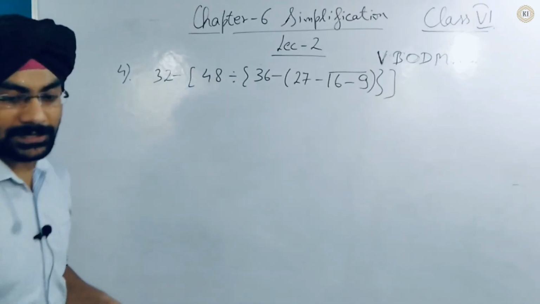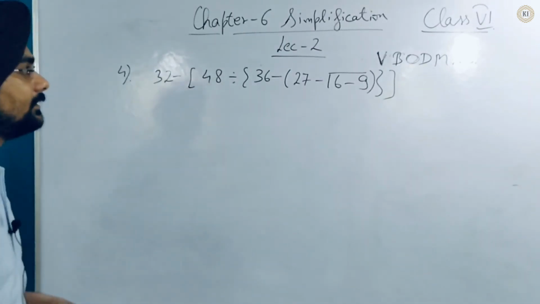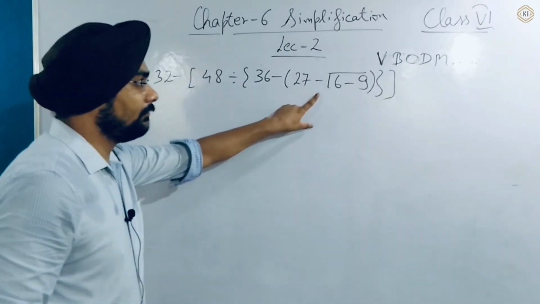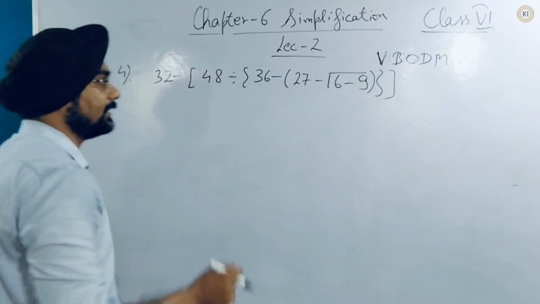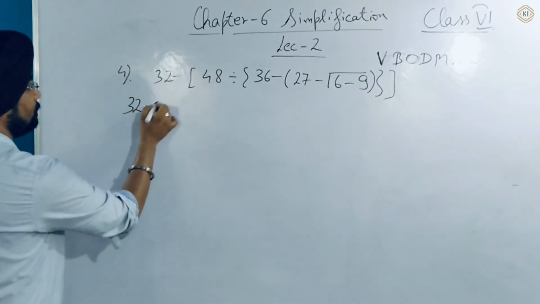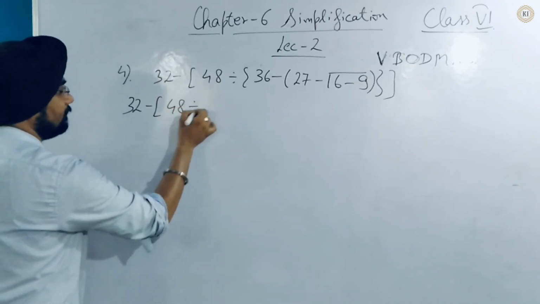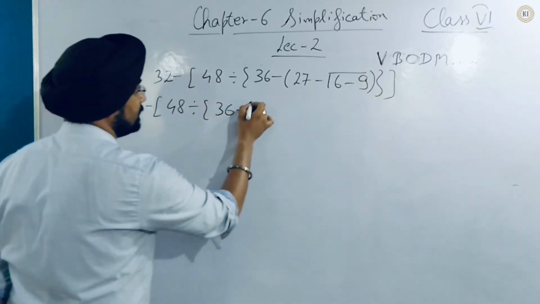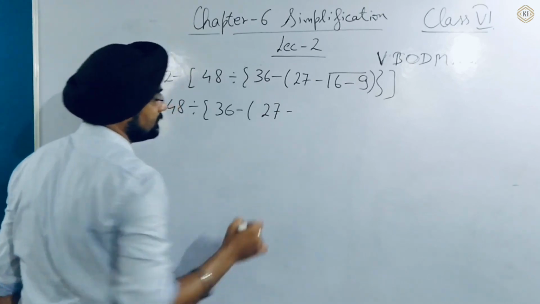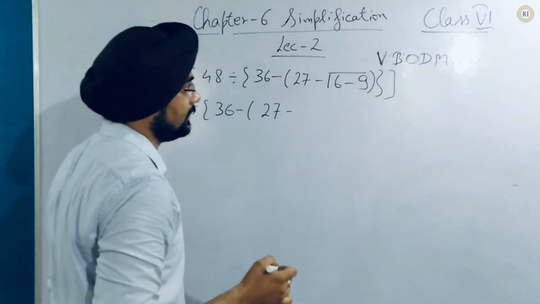Again we are going to solve this by the rule of BODMAS. First of all we will solve the vinculum. So 32 minus 48 divide 36 minus 27 minus 16 minus 9.